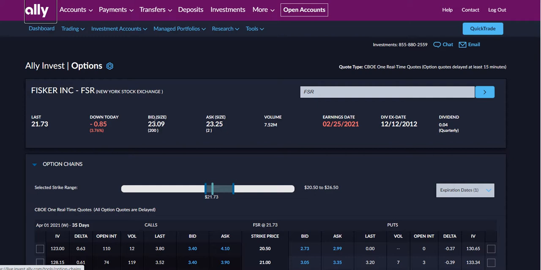This is free money for you to do with as you please, or leave it in your account to buy more stock. I typically leave this premium inside of my account, and you'll see why as I go further on about covered calls. Because we already own the stock, we're covered if the stock price rises past the strike price and the call option is assigned, which means given to the other person.